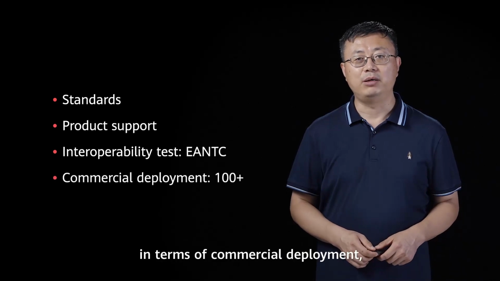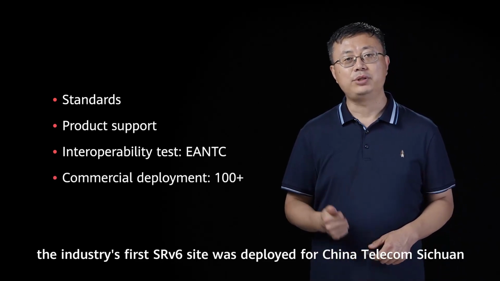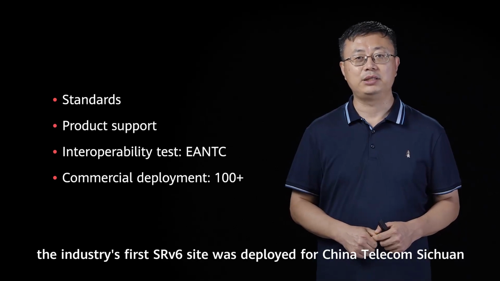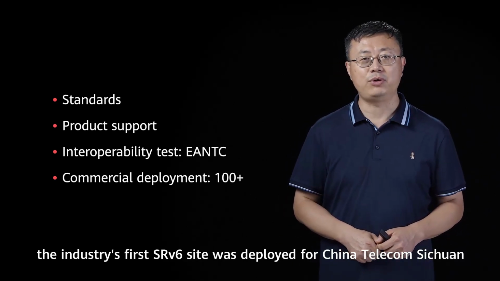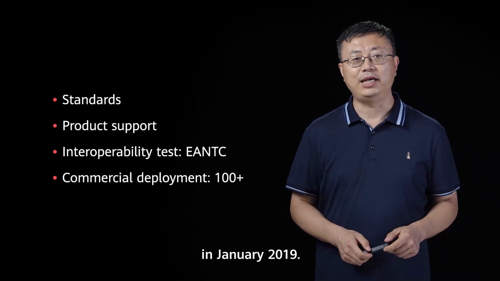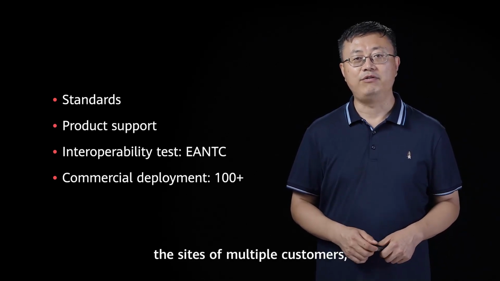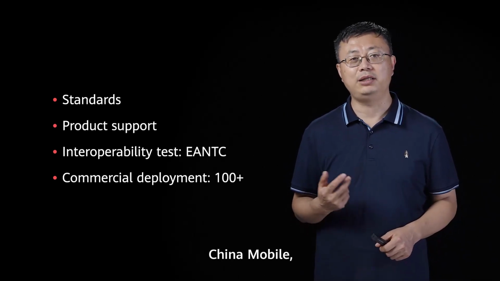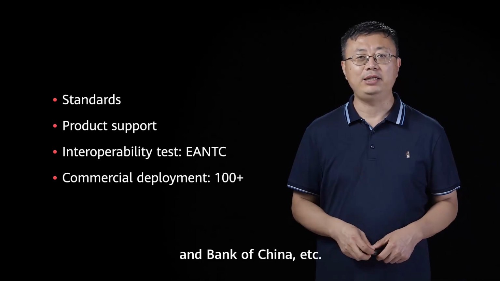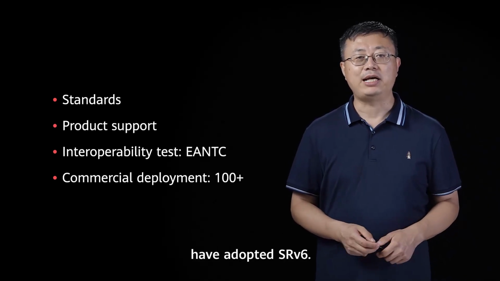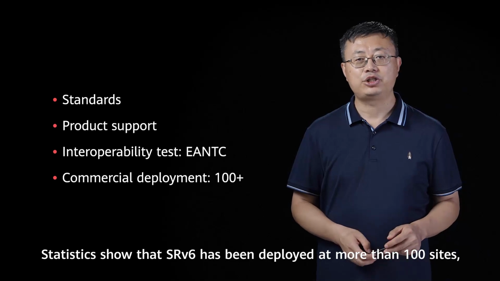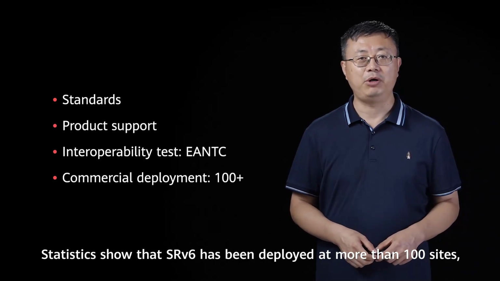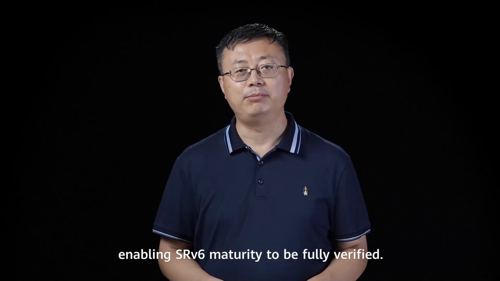Finally, in terms of commercial deployment, the industry's first SRv6 site was deployed for China Telecom Sichuan in January 2019. Since then, the sites of multiple customers, including SoftBank, China Unicom, China Mobile, and Bank of China, have adopted SRv6. Statistics show that SRv6 has been deployed at more than 100 sites, enabling SRv6 maturity to be fully verified.